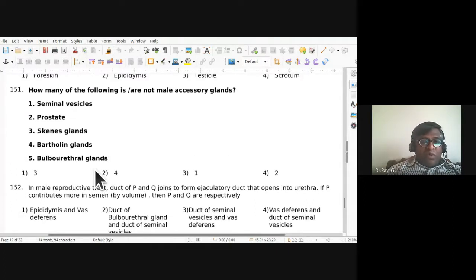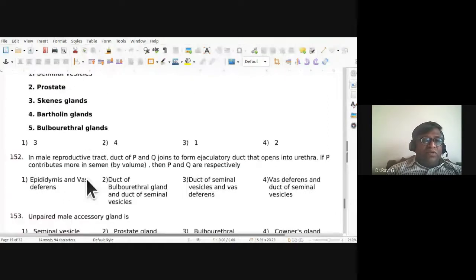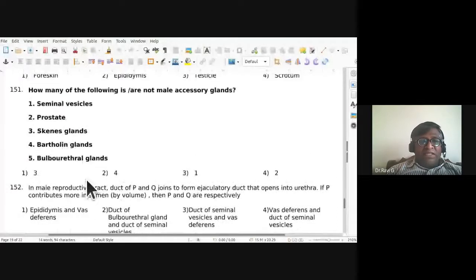Two of them are not male accessory glands. So for 151st, two of the above are not male accessory glands.